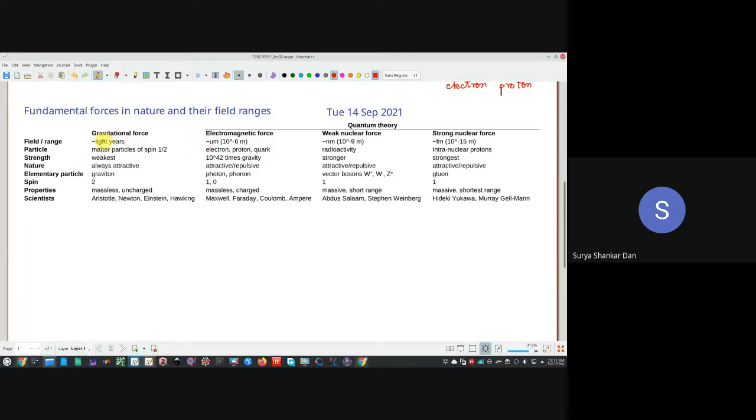We belong not in light years or in micrometers. We are somewhere here, where our dimension is in the order of 1 meter. Suppose somebody is between 5 feet and 6 feet tall, they will be within the order of 1 meter. If we are in this range, we will never be able to observe electromagnetic force, weak force, or any of this quantum theory, which will not be valid for us.